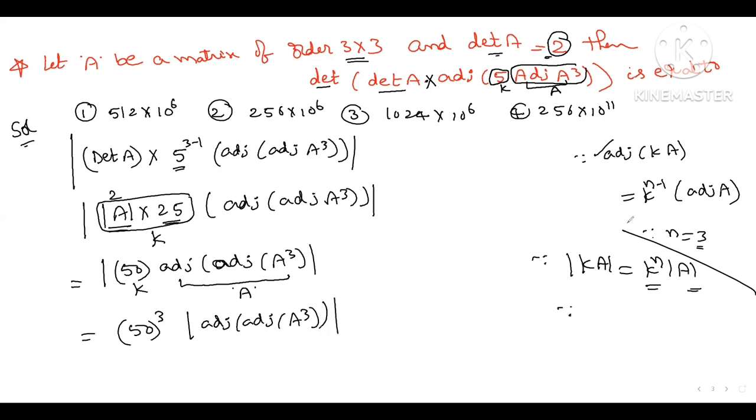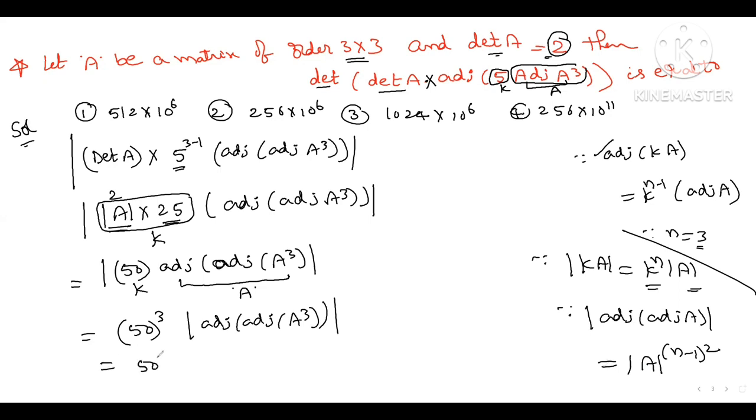We have one formula for det of adjoint of A: det A power n minus 1 whole square when there are 2 adjoints. If 3 adjoints are there, det A power n minus 1 whole cube. If r times adjoints are there, what is the formula? Det A power n minus 1 power r.